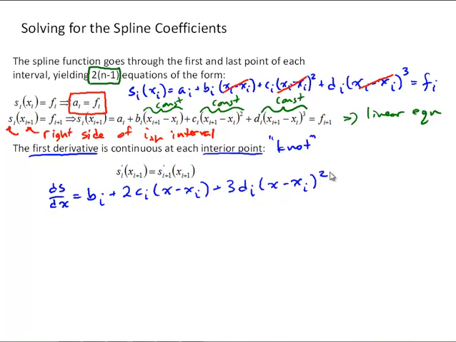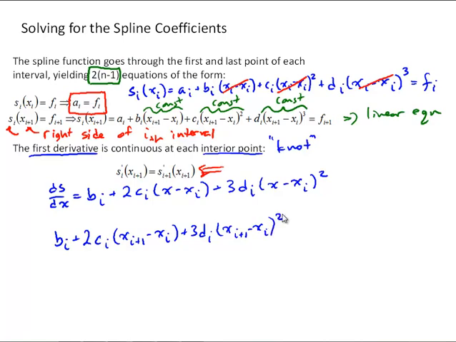And then we want to use that derivative for that continuity constraint at the knot. So on the left-hand side, I'll plug xi plus 1 into the derivative of Si. So I get bi plus 2ci times (xi plus 1 minus xi) plus 3di times (xi plus 1 minus xi) squared.